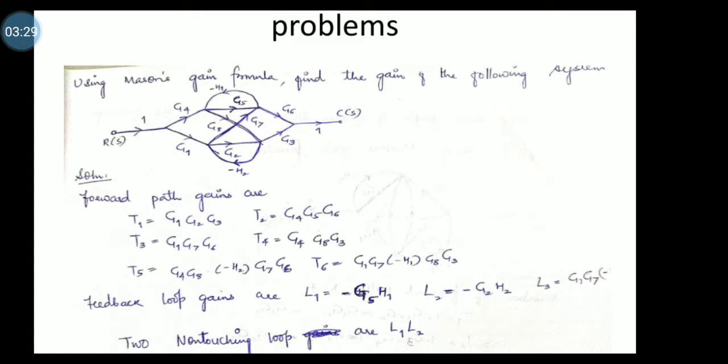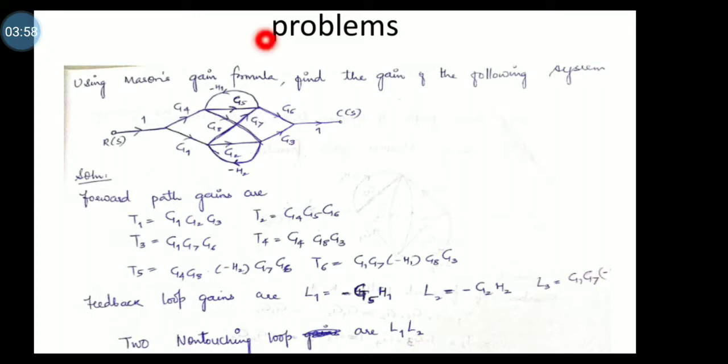So, you understood which are the forward paths? T5 is G4, G8, minus H2, G7, G6. Then the feedback loop gains: loop L1 is taken as minus G5, H1.